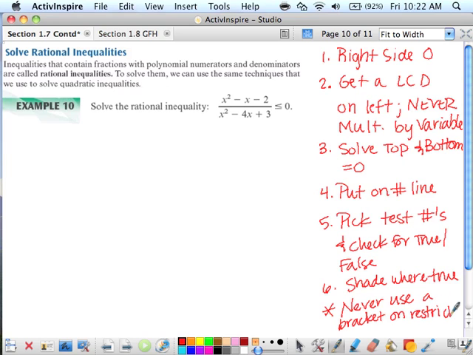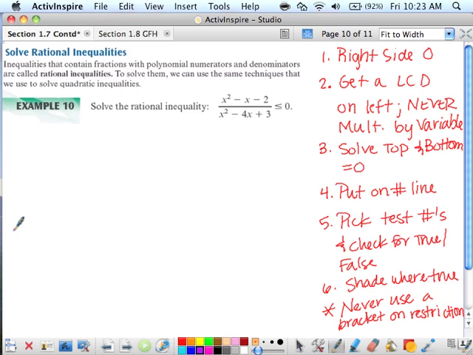So it sounds like a lot of work, but it's not really that bad once we get started. Okay, let's try this. You have x squared minus x minus 2 all over x squared minus 4x plus 3 is less than or equal to 0. The good news is that it's already 0 on the right, and the better news is it already has a common denominator. It's already one big fraction on the left.